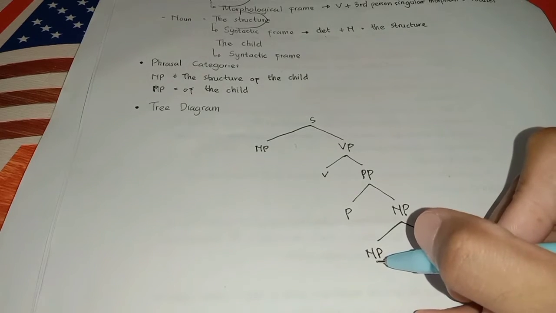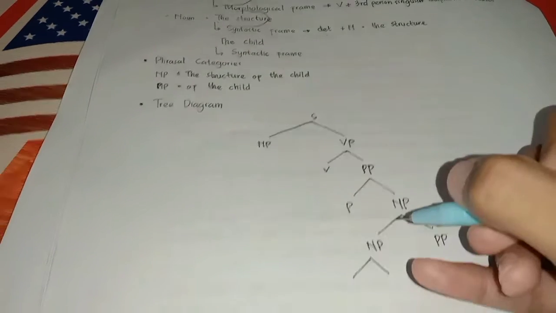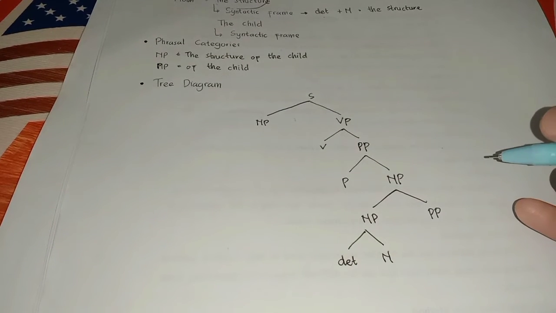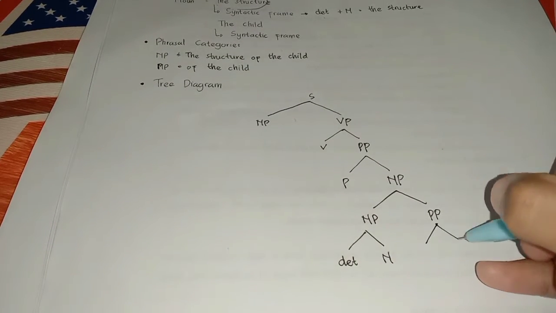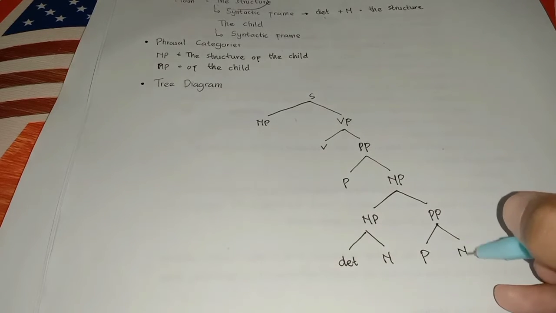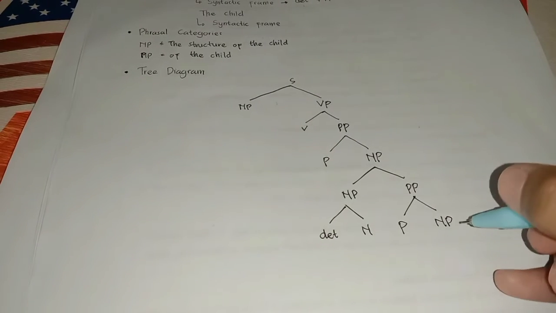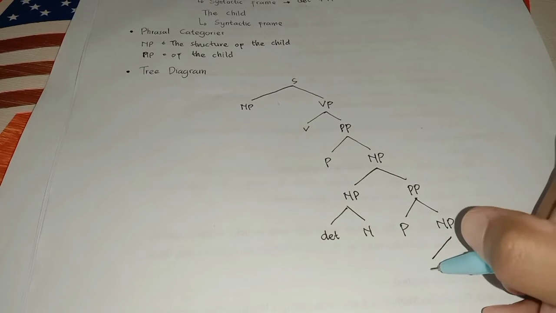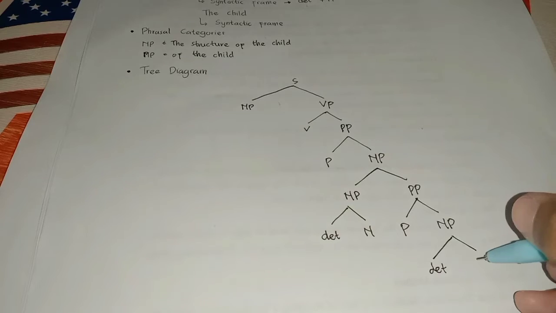The noun phrase itself is "the structure," namely determiner plus noun, and the prepositional phrase is preposition and noun phrase. And the last one, the noun phrase, we are able to divide again into determiner plus noun.